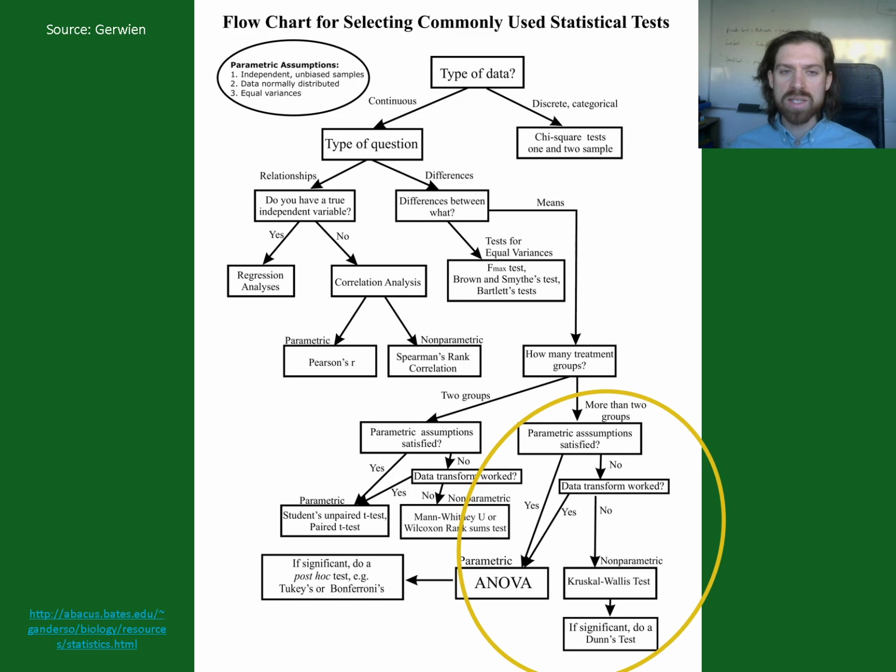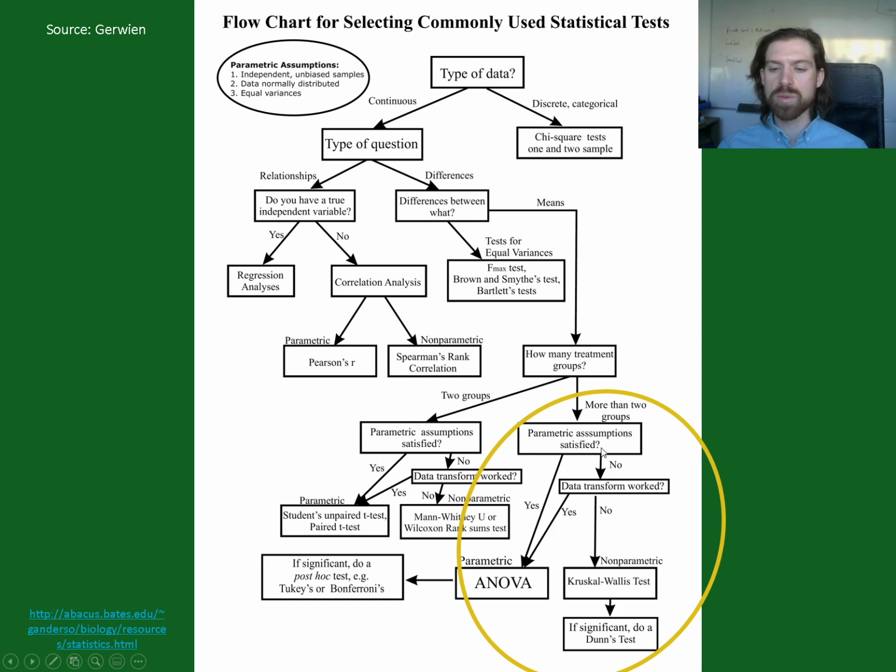You remember last time that I brought up this concept of a flowchart for commonly used statistical tests, and we were focusing previously on paired t-tests and the Mann-Whitney U and Wilcoxon rank sum tests. Today we're moving on to those cases where you have more than 2 groups, so 3 or more samples. We have the same approach again: are our data normally distributed?